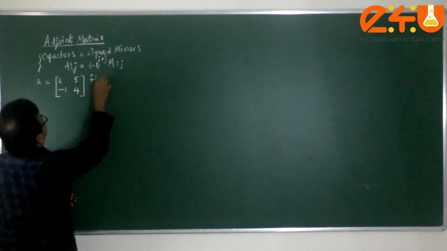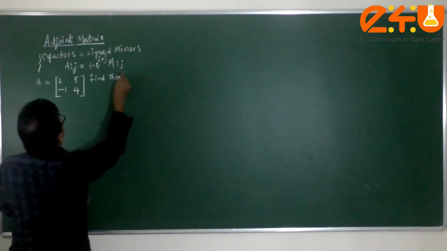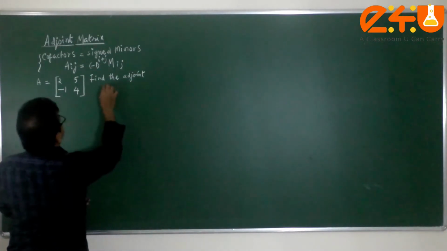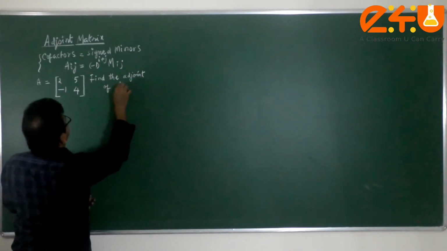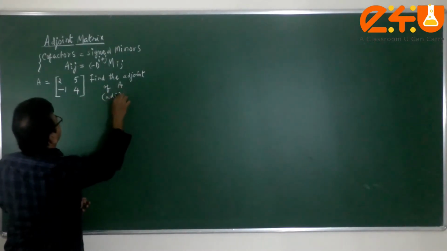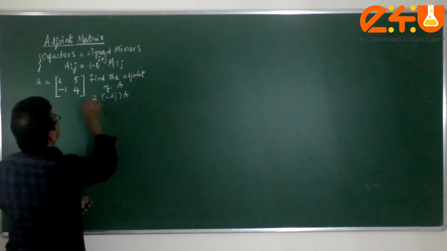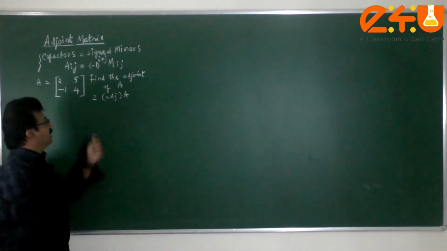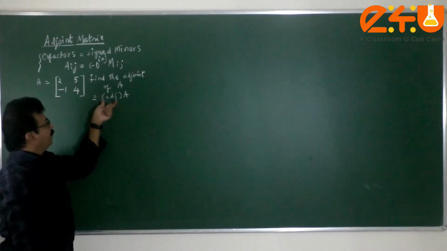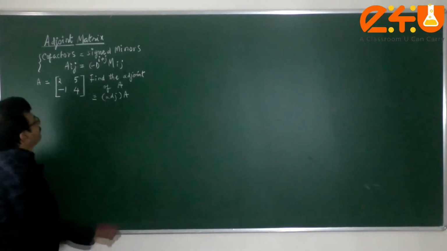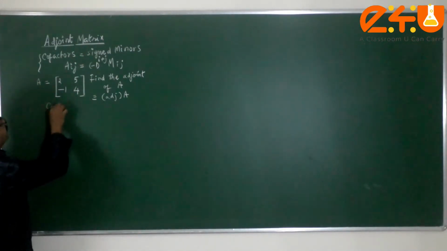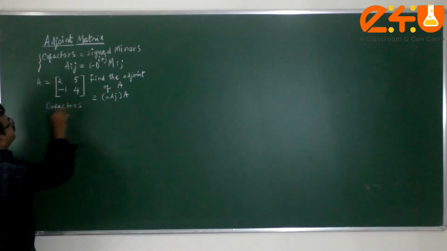The task is to find the adjoint of matrix A. There is a notation which represents adjoint: it is adj, and in brackets you write A. Let us find the cofactors. Let us list out the cofactors.